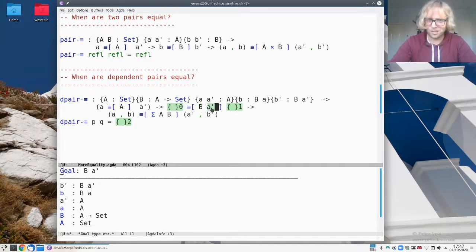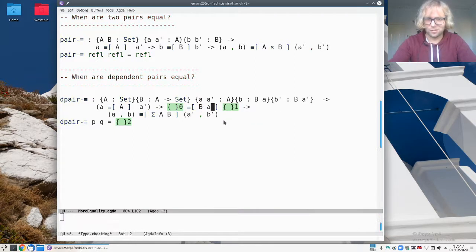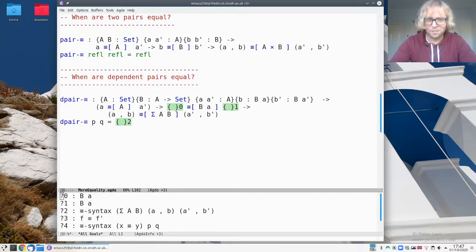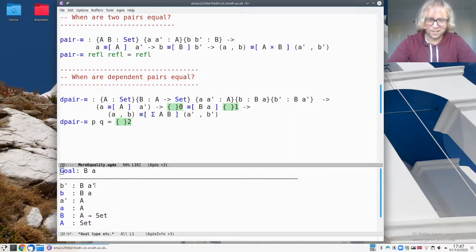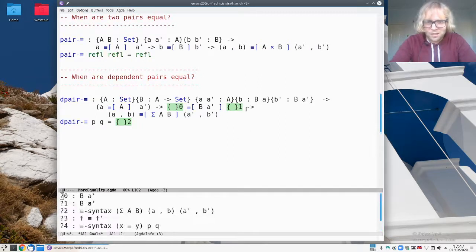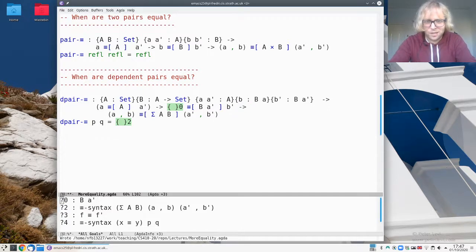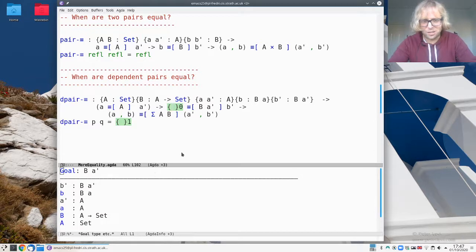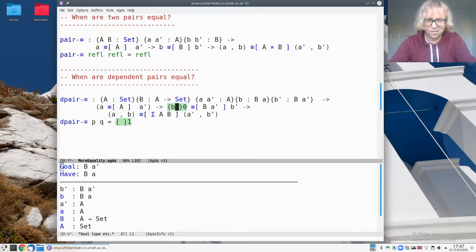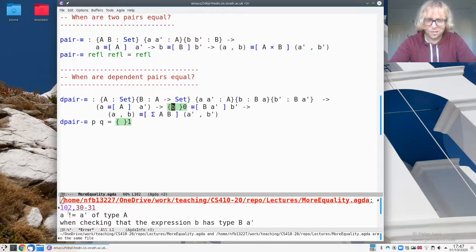So here I said it should be a b of a, but we could also do a prime and vice versa. But no matter which one I pick, only one of these will actually fit. If I make it b of a, then the b will fit, but the b prime won't, etc. So I think I'll make it b prime of a prime, just to be clear. So down here, I can certainly put in the b prime, but here I can't put in the b, even though I would like to, because the types don't match.